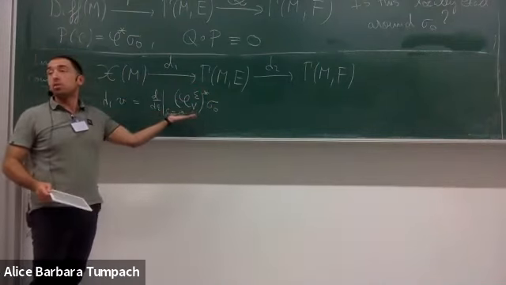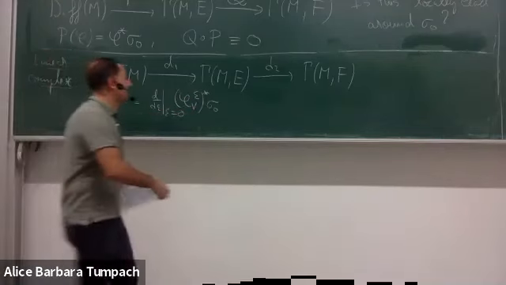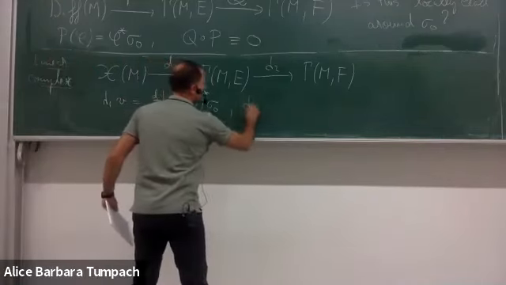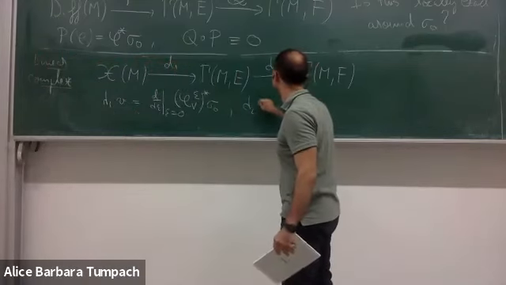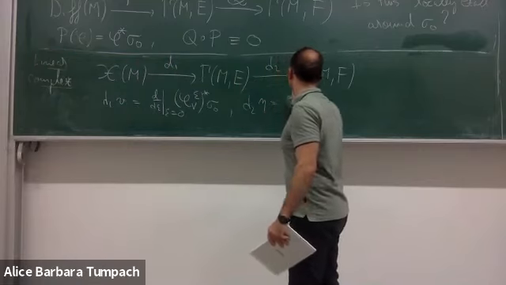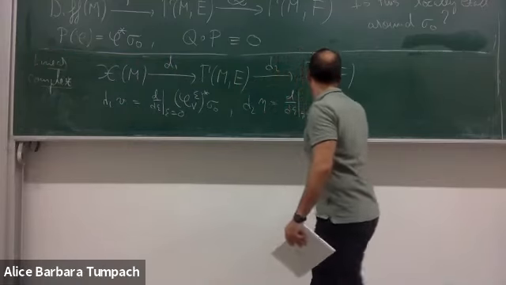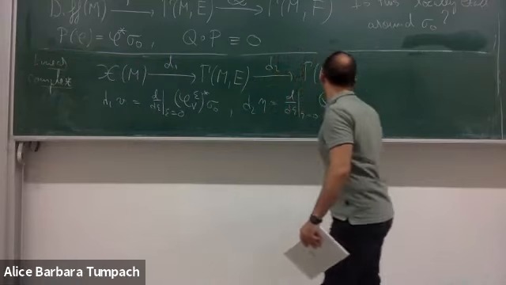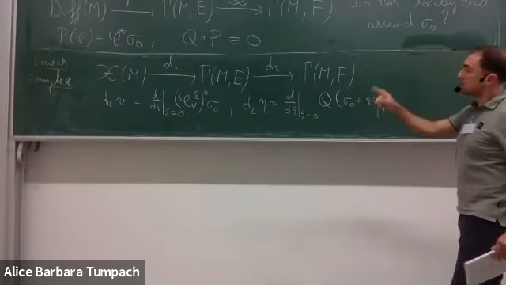So if you take the derivative, you'll get a section, and similarly also for D2. So D2 of, let's say, eta will be d over d epsilon when epsilon equals 0 of Q of sigma 0 plus epsilon eta. Right, so these are the operators.